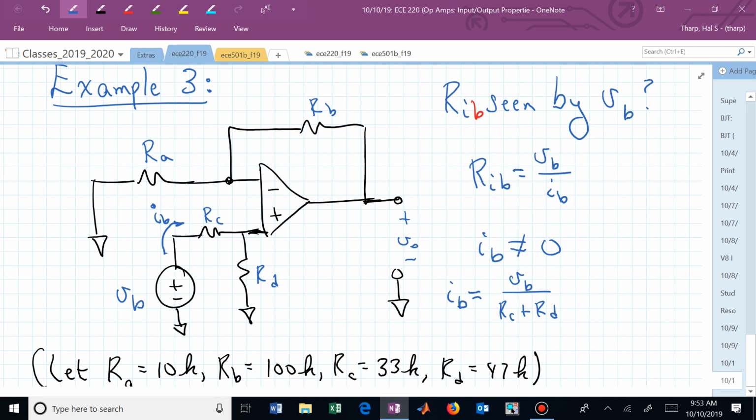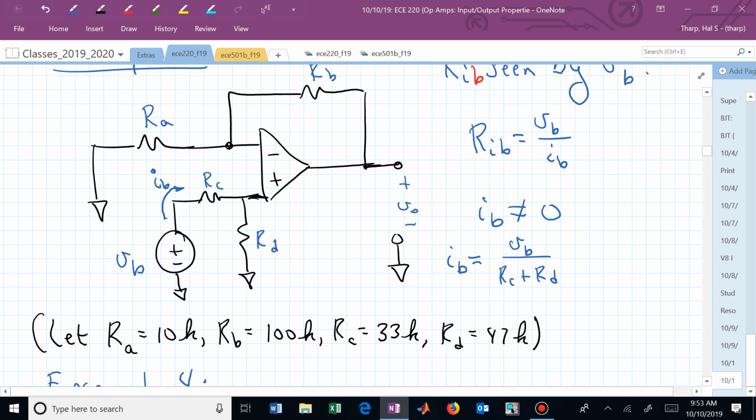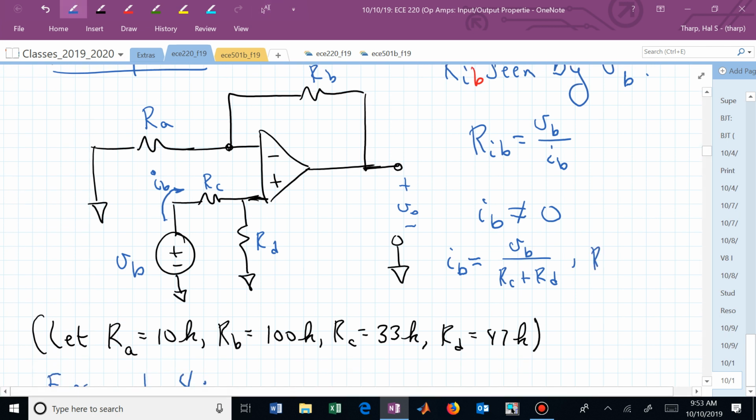What does that mean R sub I sub B is? We're still using this formula, V sub B over I sub B, but I sub B has V sub B in its numerator. We get a cancellation and we have the sum of those 2 resistors in the denominator of the denominator.